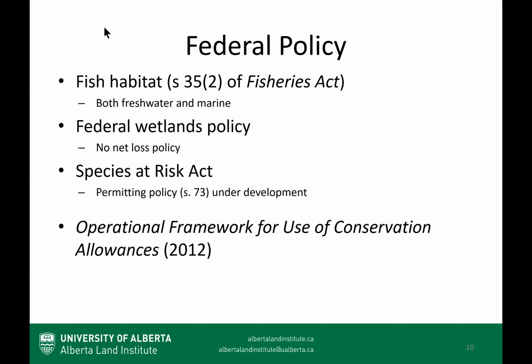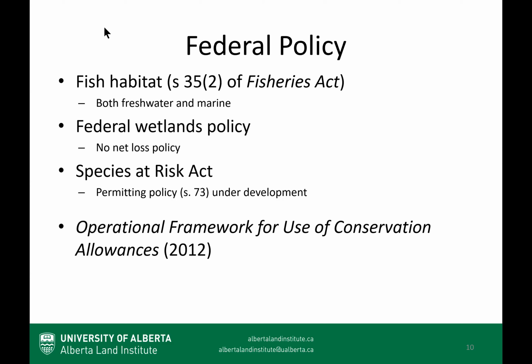I think just about everybody who's here today will agree that the number one issue facing species at risk around the world, and certainly here in Alberta and in Canada, is the loss of habitat. And so to the extent offsets are going to be used to address that issue, I really think there are some significant issues that have to be dealt with.